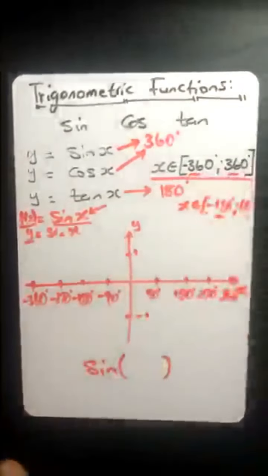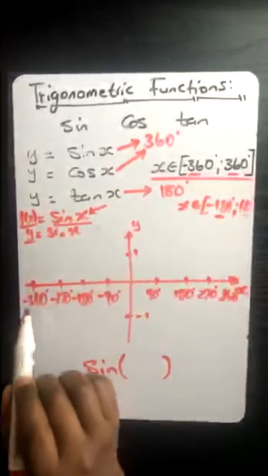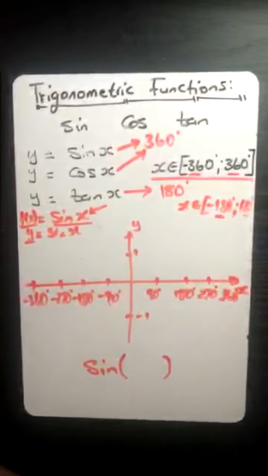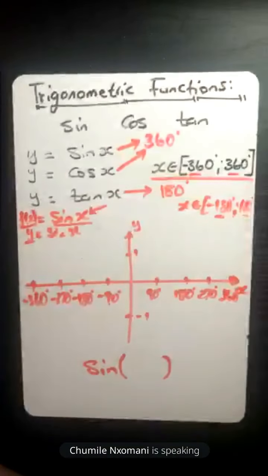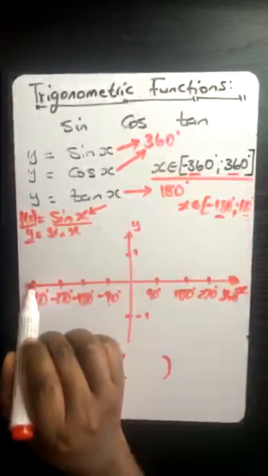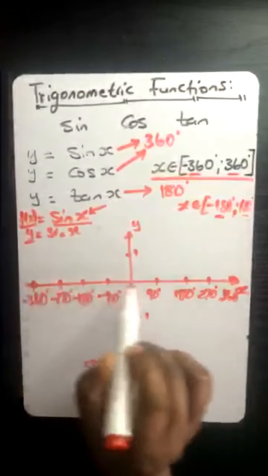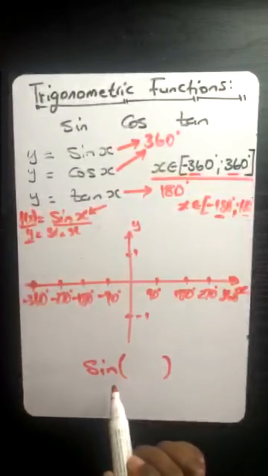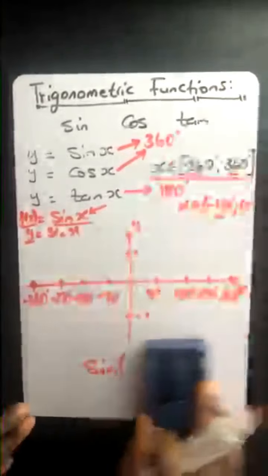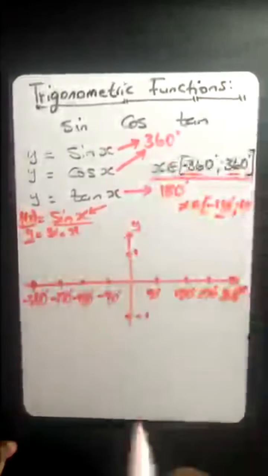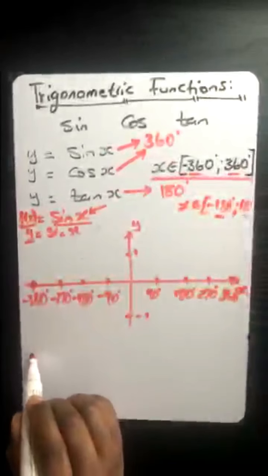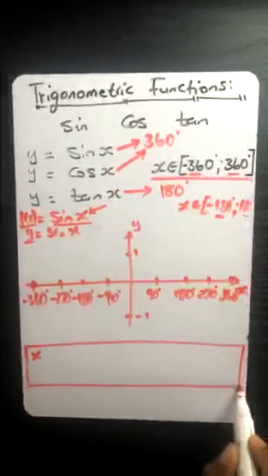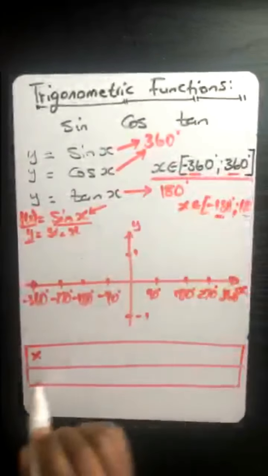Okay, we start from negative towards the positive. Punch sine of negative 360. What are you getting? 0. Then you make a dot where y is 0 and x is negative 360. Let me do this, Chumi, I'm not sure you understand. Remember, we have x and we want to plot the y values.